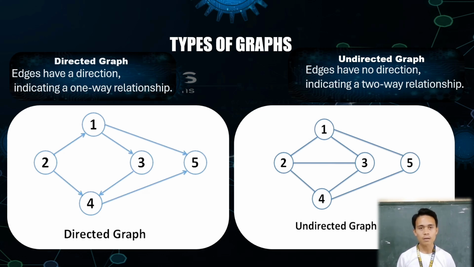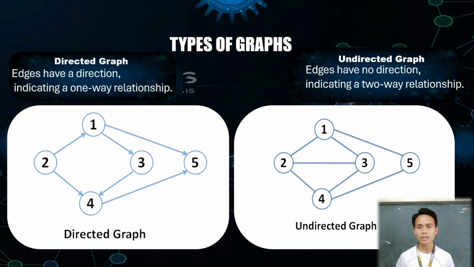In a directed graph, edges have a direction indicating a one-way relationship. As you can see in the picture on our slides, there's an arrow indicating direction. And the second is the undirected graph. Edges have no direction, indicating a two-way relationship.